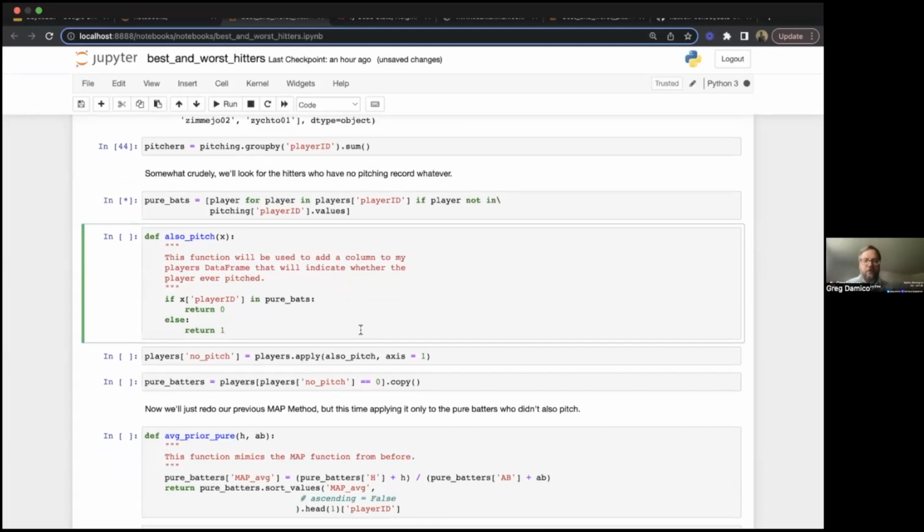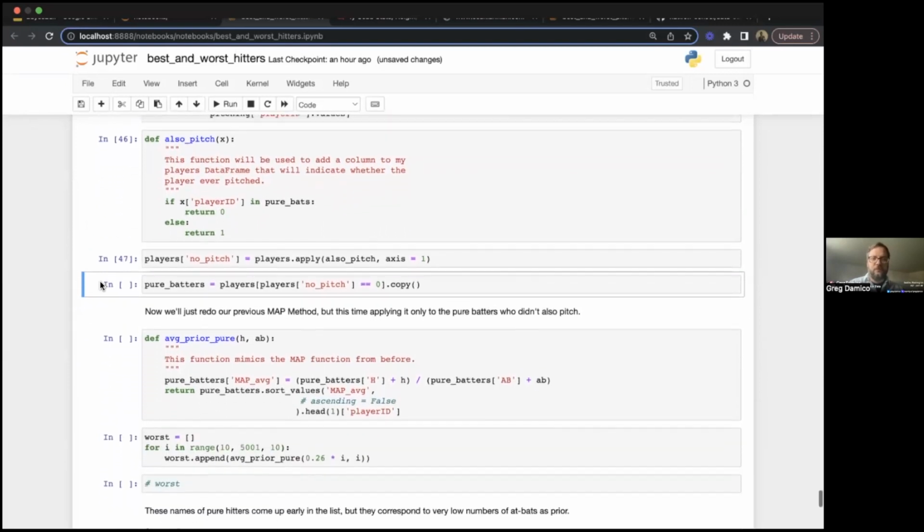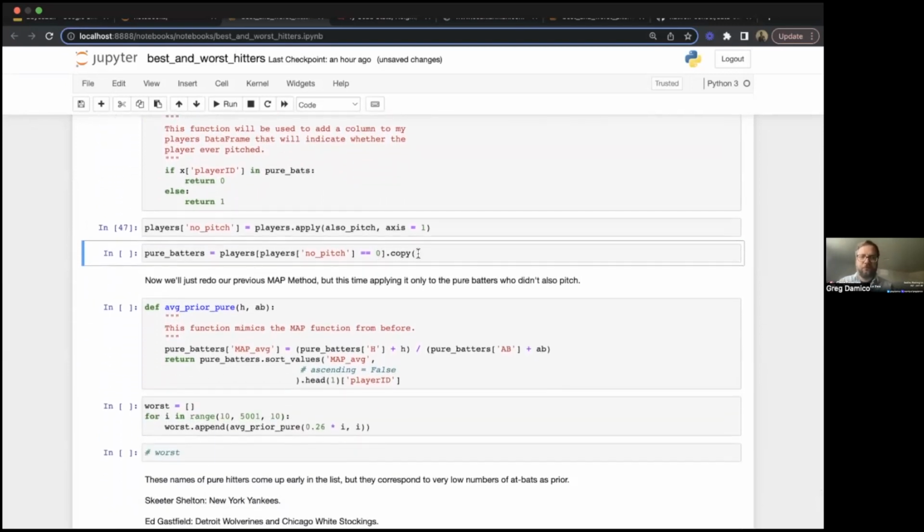What we're going to do is mark in our hitters data whether they ever also pitched. If the batter does not appear in the pitching data, then we'll say 0, and otherwise 1. I'm just going to add this as a column.